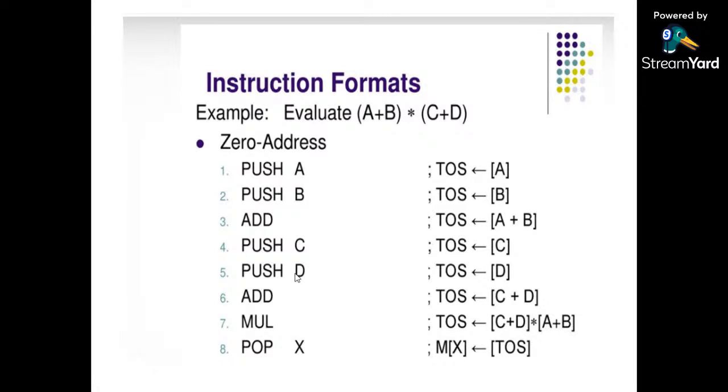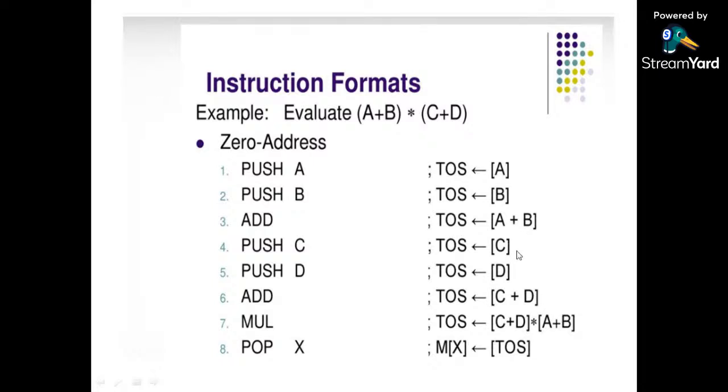When we give the command push d, the new top of stack location has the value d. Then what is top of stack minus 1? C, and top of stack minus 2 is the result of addition of a plus b.